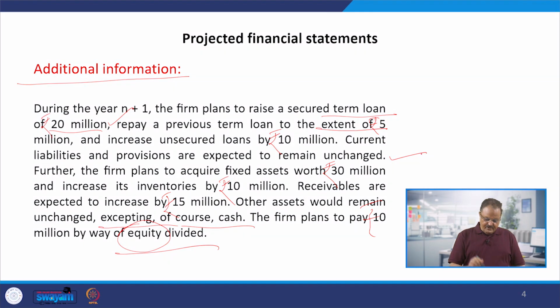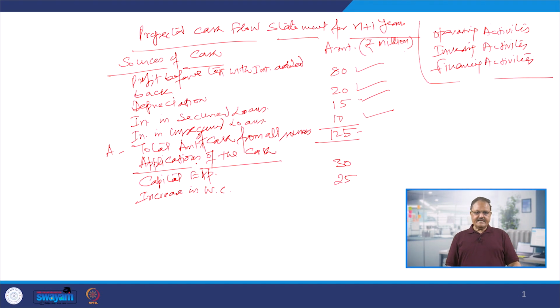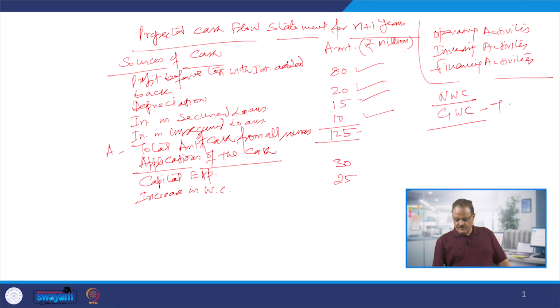Both are the components of the working capital. Working capital is basically the total of current assets minus current liabilities, which is called the NWC, or the net working capital. We have two kinds of working capital: gross working capital, which is the total of current assets, and net working capital, which is current assets minus current liabilities.